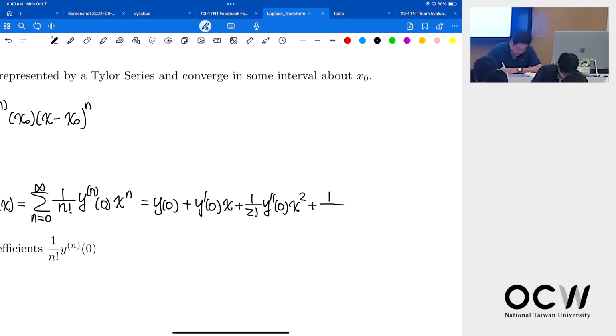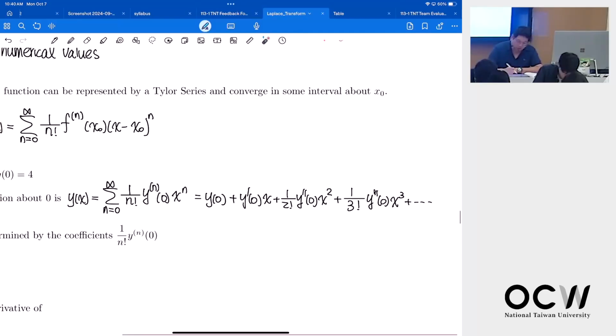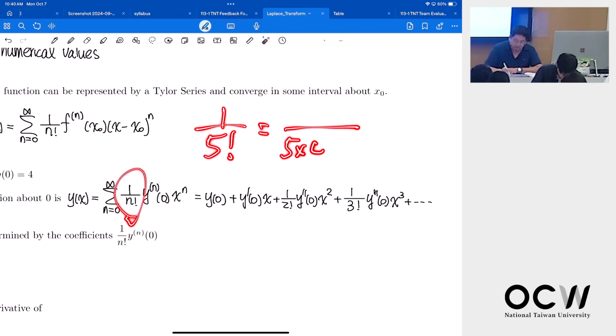The next term will be 1 over 3 factorial y triple prime of 0 times x cubed. You know what factorial is, right? 5 factorial means 5 times 4 times 3 times 2 times 1. Okay.